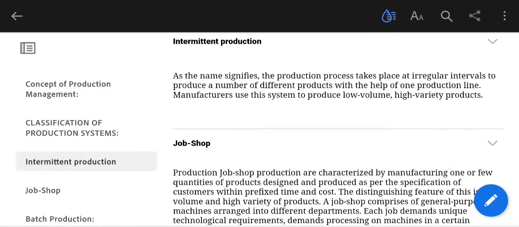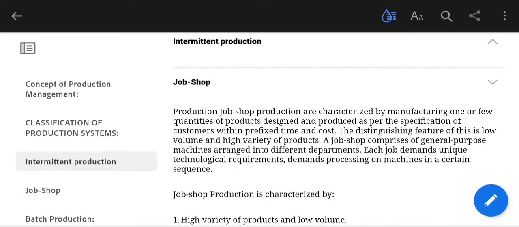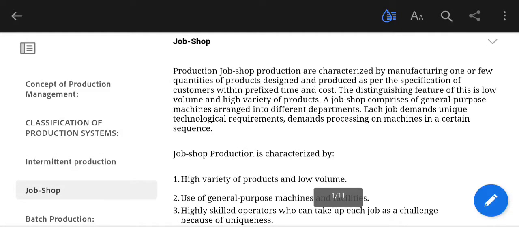After that, let's see job shop production. As the name suggests, job shop production is characterized by manufacturing one or a few quantities of a product, designed and produced as per the specification of the consumer within a prefixed time and cost. The distinguishing feature is low volume and high variety of products. A job shop comprises general purpose machines arranged into different departments.